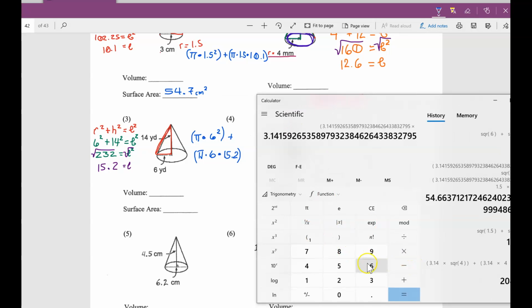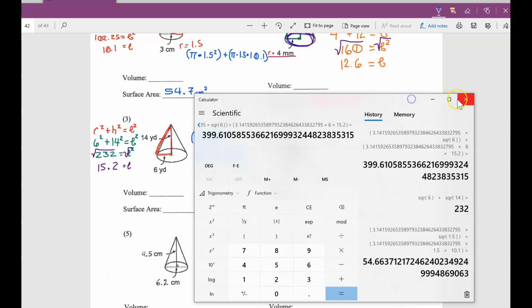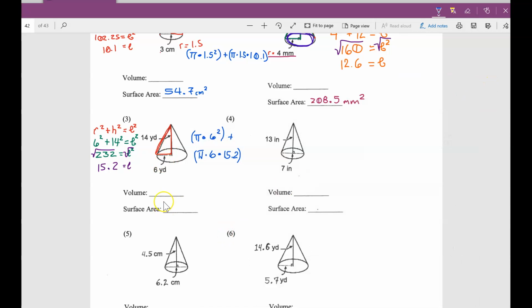Parentheses, pi times 6 squared, close parentheses, plus parentheses, pi times 6 times our slant is 15.2. Add them all together, you get 399.6. So the surface area of this cone is 399.6. Our measurements are in yards, and surface area is always to the second power.